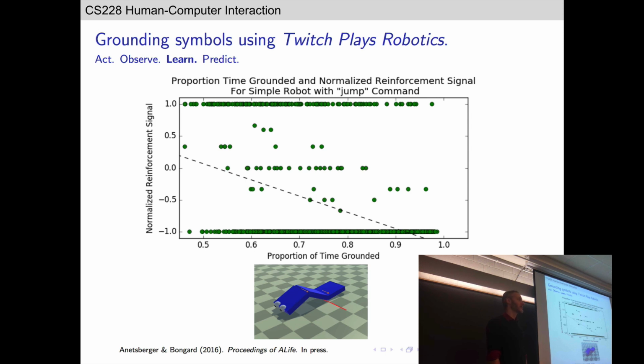Does the robot understand now what JUMP means? Has the robot grounded the symbol JUMP in its own experiences? I see a lot of nods of the head. Not very well. If you're a statistician, you would know that this is a pretty messy data set.